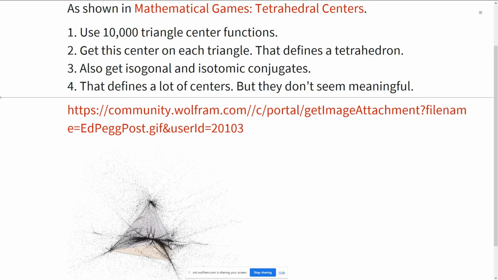With these, I expected to find lots of overlap between these 140,000 centers, but there was almost none. There were quite a few ways of getting back to the circumcenter or to the centroid, but pretty much nothing intersected that was a new point.